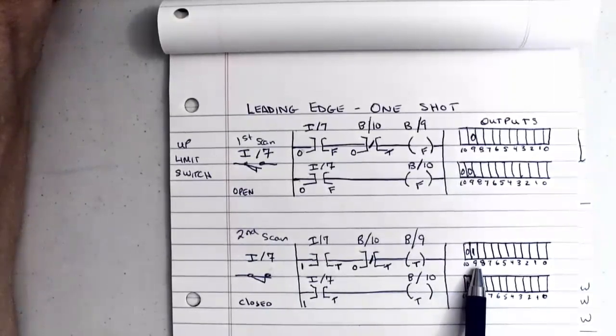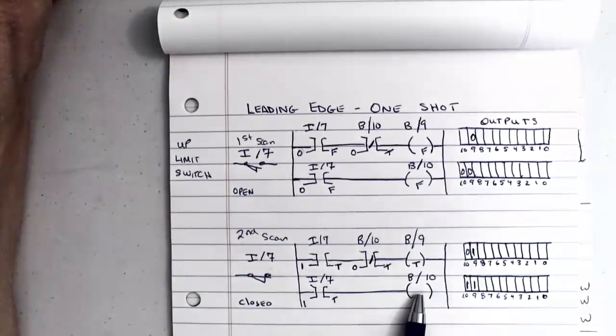Now remember, in a synchronous program like this, nothing happens as far as real-time outputs until all of the scan has completed. So we won't see anything executed in scan 2 until we read this rung and all the following rungs.